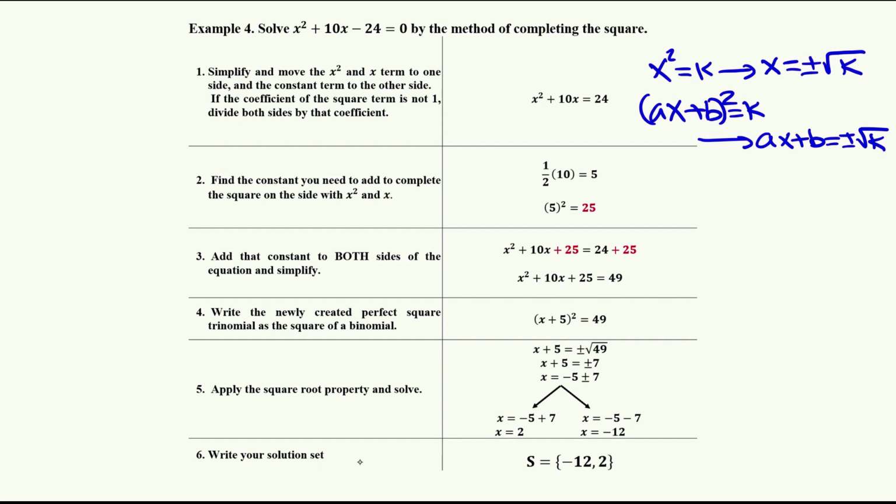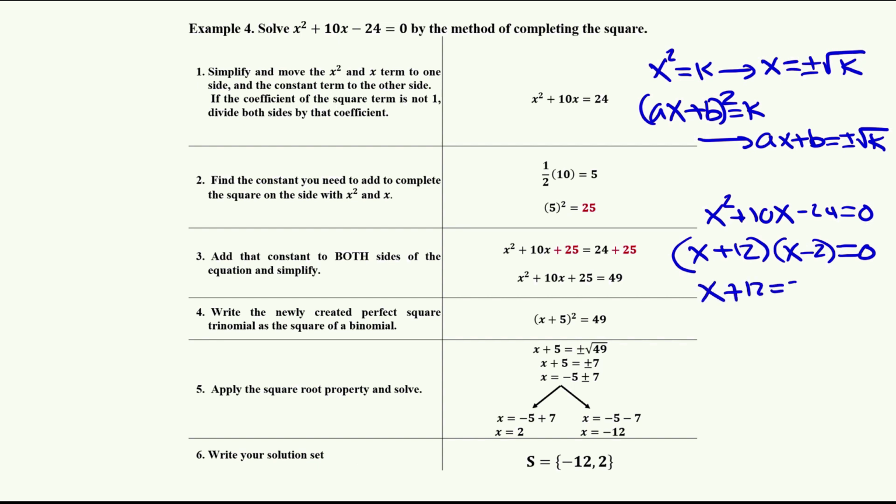Of course, if we take a look at this, x squared plus 10x minus 24 equals 0, we know that we can factor this as x plus 12 times x minus 2 equals 0, and then apply the zero factor property to give us either x plus 12 equals 0 or x minus 2 equals 0.